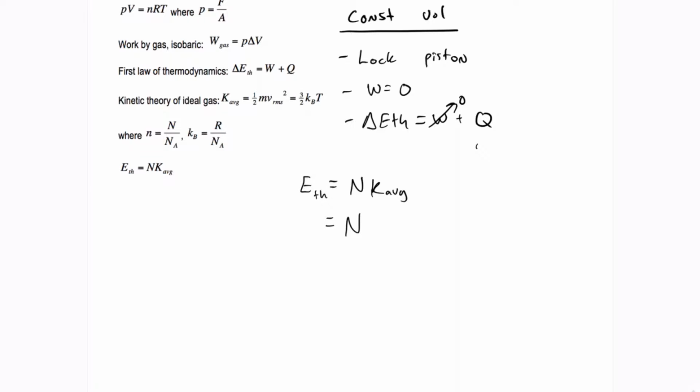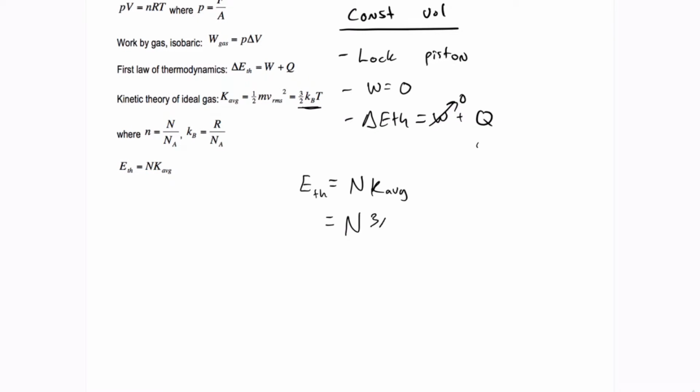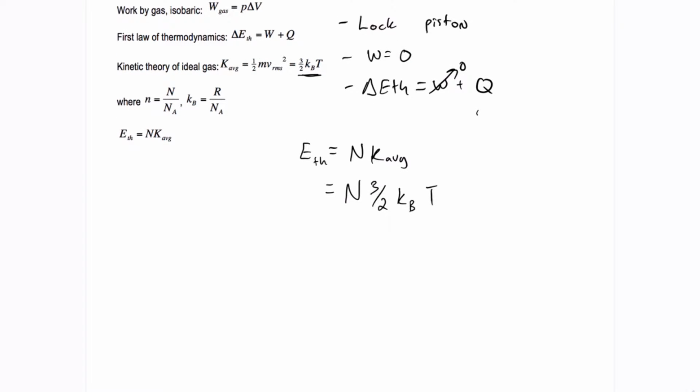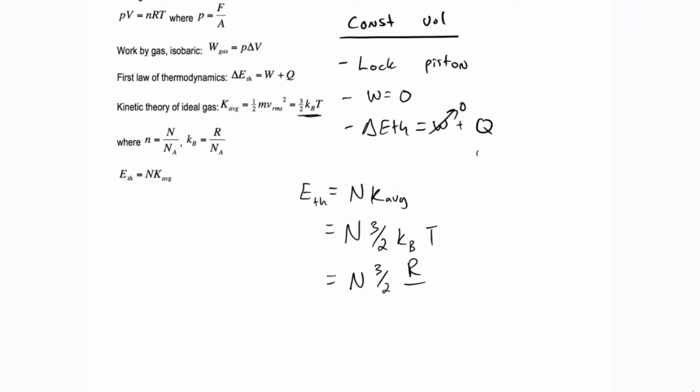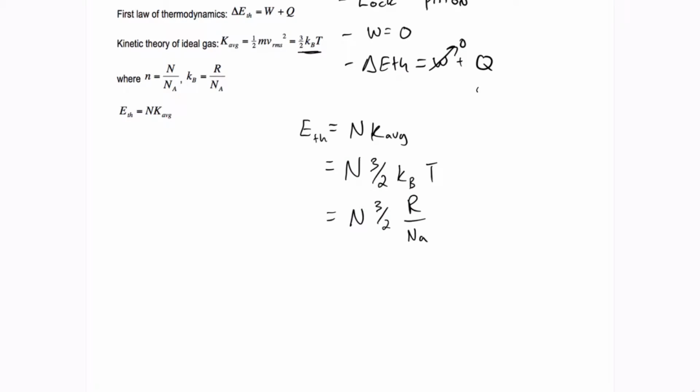So that's going to equal N times 3/2 times Boltzmann's constant times the temperature. And Boltzmann's constant is really just the gas constant R over Avogadro's number, N_A.